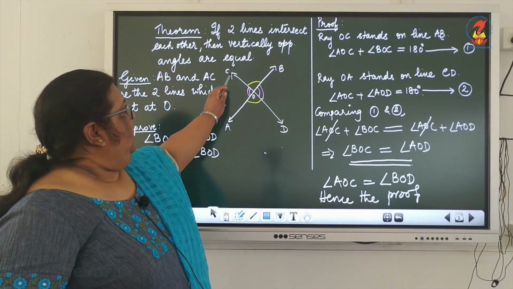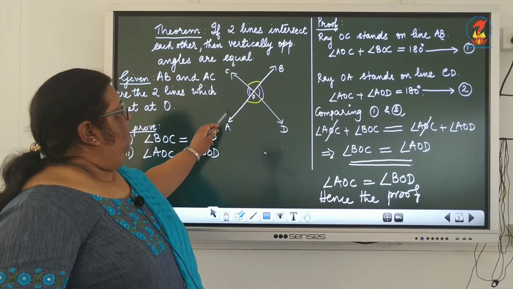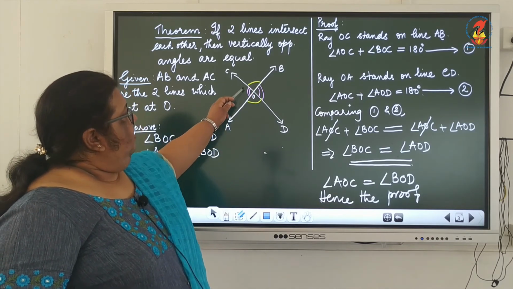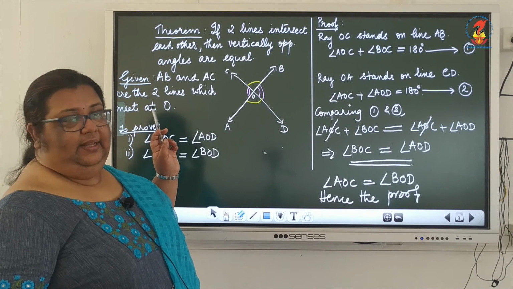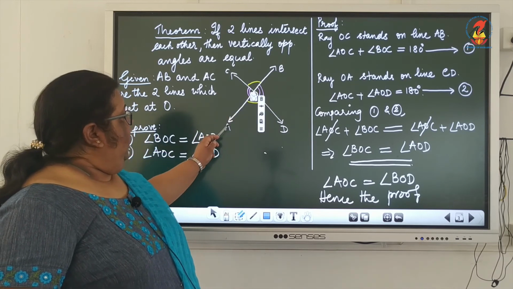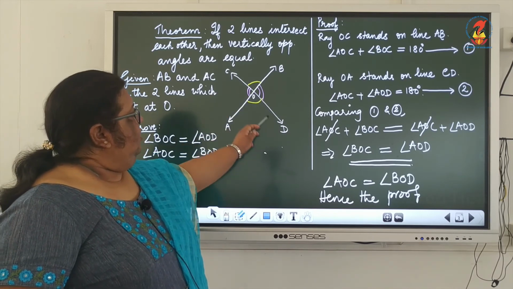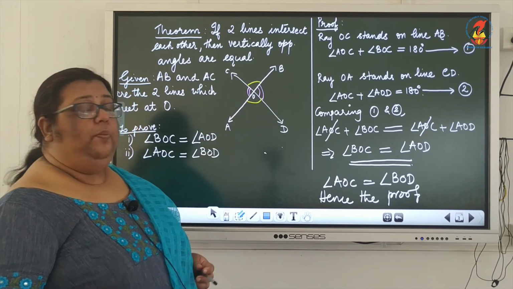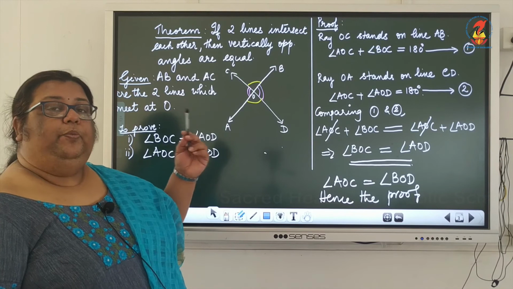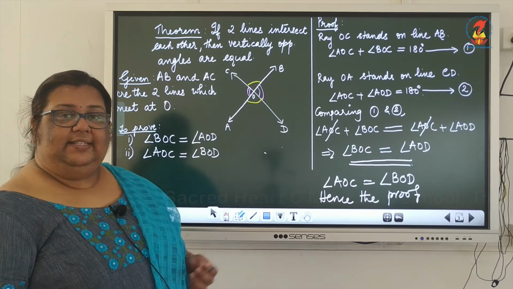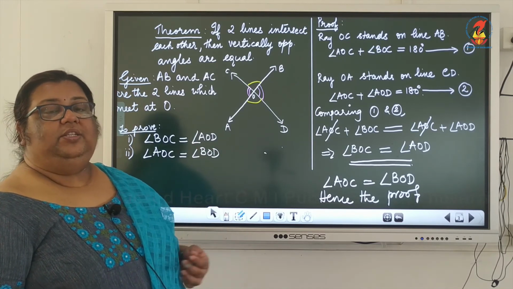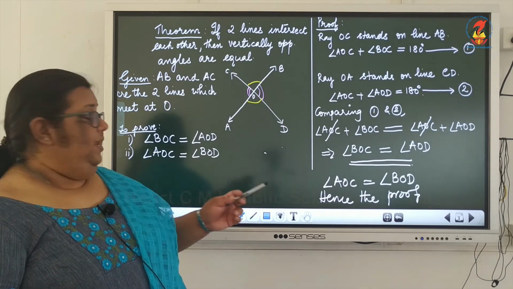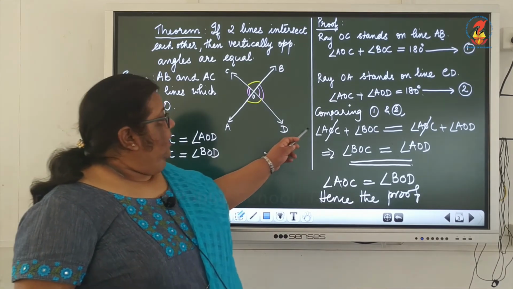Ray OC stands on the line AB. So, this and this angle together form 180 degrees. Ray OA stands on the line CD. So this angle and this angle will form 180 degrees. For both the equations, RHS is equal. Whenever your RHS or LHS are equal, you can equate the equations.